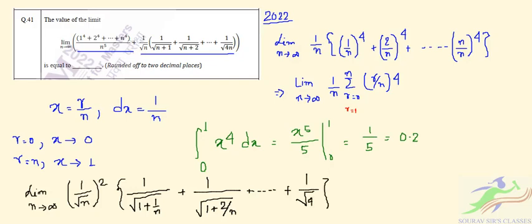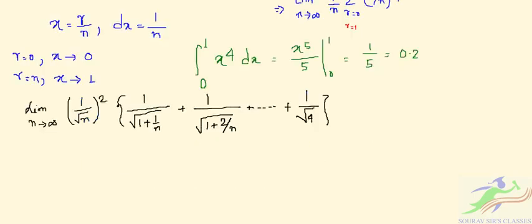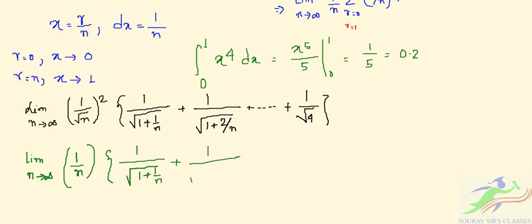So we can rewrite this equation as the limit as n tends to infinity of 1 by n times 1 by root over 1 by n plus 1 by root over 2 by n, and after that it goes like this.